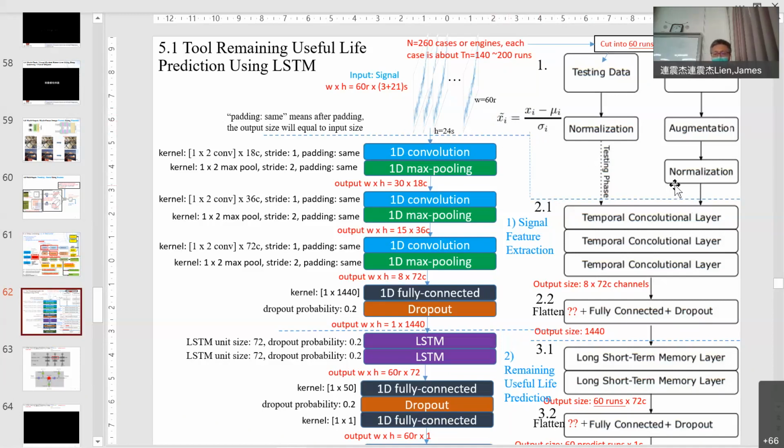And then we input to this one, and this is easy. Just feature extraction. Feature extraction of signal, or feature extraction of speech recognition. Speech recognition uses RNN and LSTM.